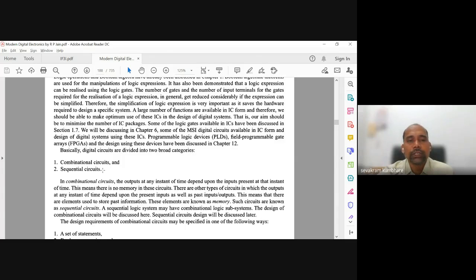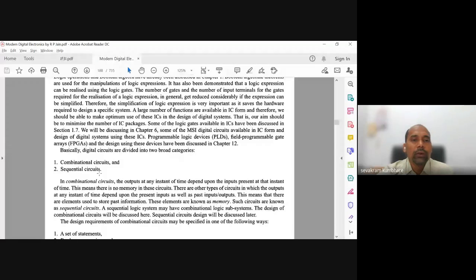This is the basic difference: in a combinational circuit, present output depends on the present input only, whereas in a sequential circuit, present output depends on present input as well as past input or output. Most of the time, this needs to be remembered, so have a clear understanding of combinational circuit and sequential circuit.